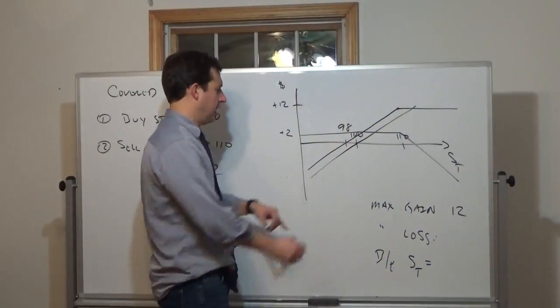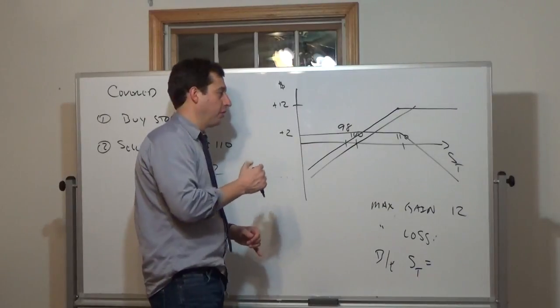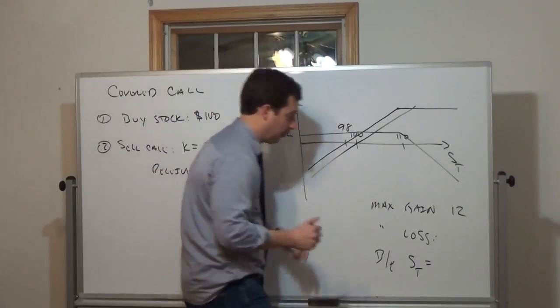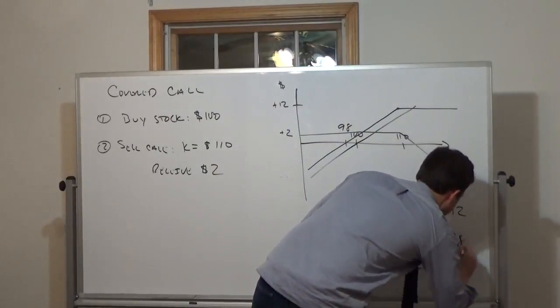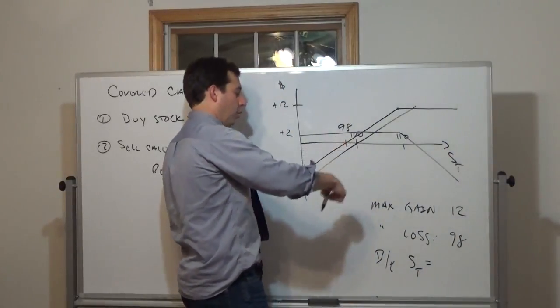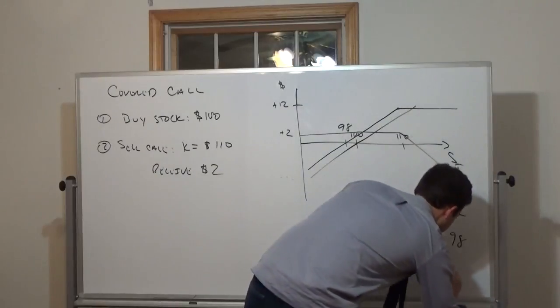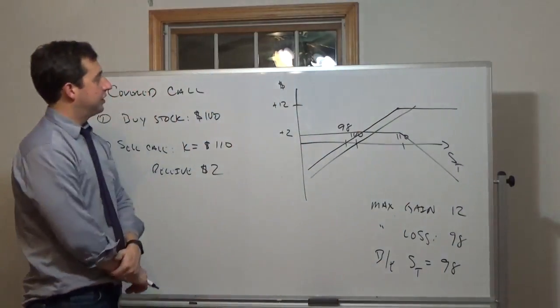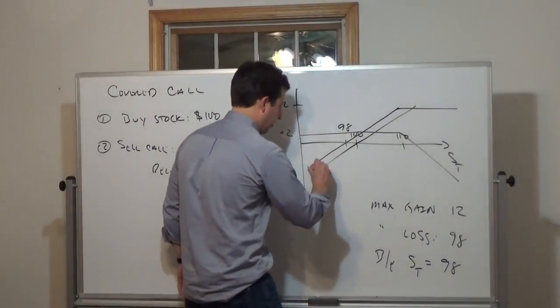Our max loss, well, the stock can go all the way down to 0, in which case we'll lose $100 on the stock. We'll gain $2 on the call option, so max loss is 98. And then we break even when the underlying stock price is 98. Of course, these two will always be the same, for the protective put, the covered call and all.